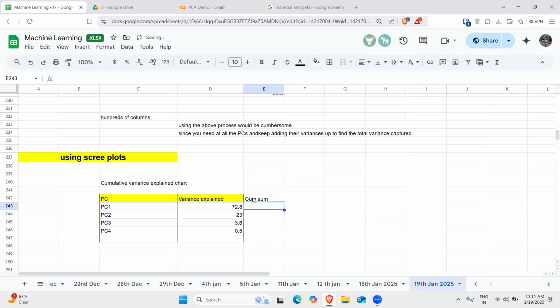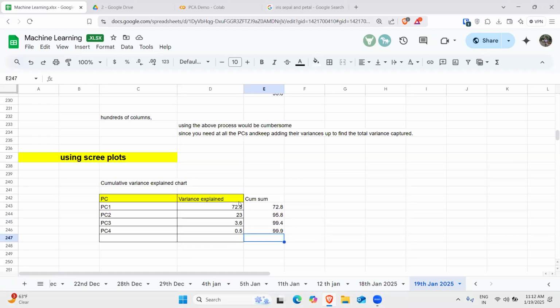This will be 72.8, this will be this plus this, and this will be this plus this, and this should be this plus this. So 99.9, whatever it may be.